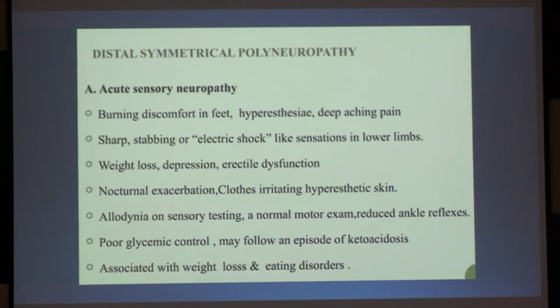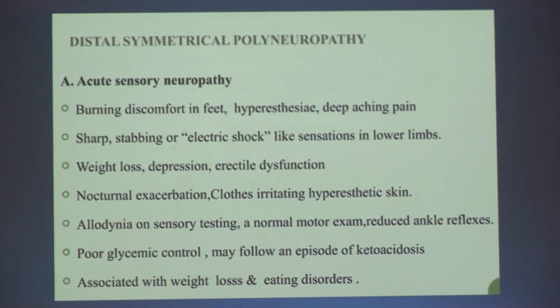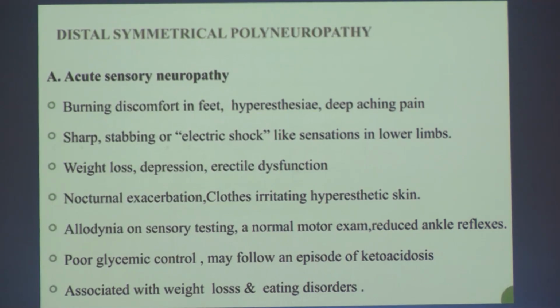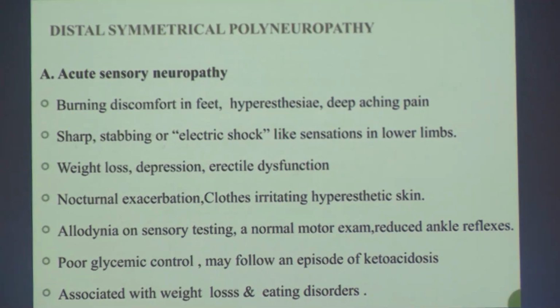Then association with weight loss, depression, and erectile dysfunction. Nocturnal exacerbation of the symptoms, especially the pain. Allodynia to touch, and it occurs in a setting of poor glycemic control. Even it may follow an episode of diabetic ketoacidosis and be associated with weight loss and eating disorders.